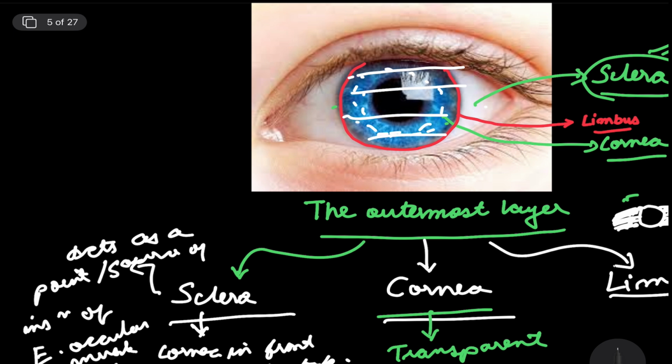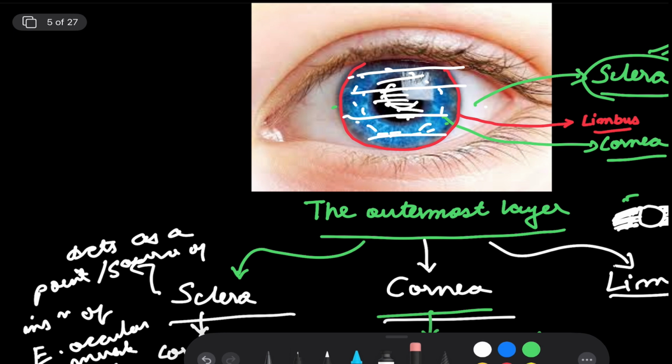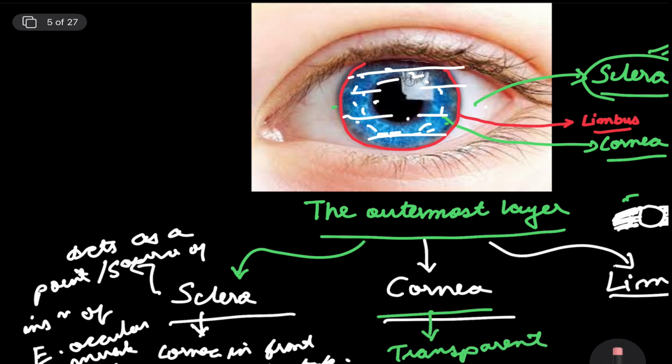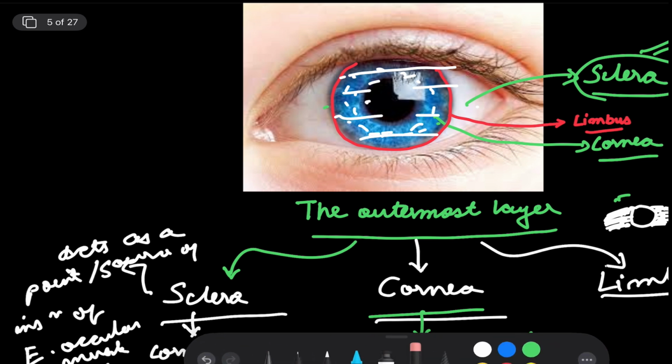Then what is the black portion over here? This entire black portion is basically the space in between the iris. That is the pupil. So if I remove this part, this entire black portion is basically pupil.